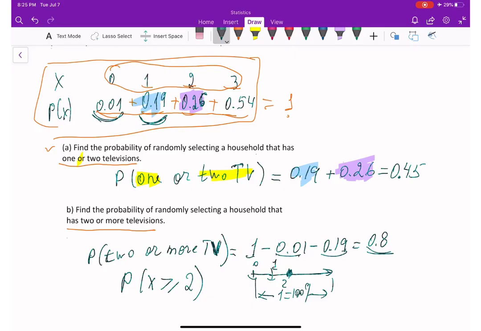You can say, why we didn't add 2 and 3? No, you can't, because it doesn't say 2 or 3. It just says 2 or more. It can be only 2. It can be 2 and 3. Therefore, we don't know which one is the case. But subtracting the complement, which is going to be 0 and 1, we will get at least 2. All right?